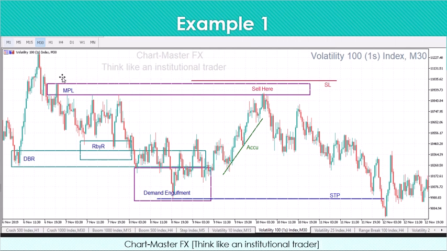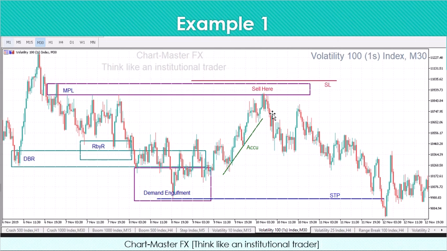Or you can put it above this one. Yeah, this one is safer. You must put it just above here, and you'll be risk sensitive as well. Just put it here. I think it will be a good target profit, good stop loss. So this is an example of accumulation to the MPL.